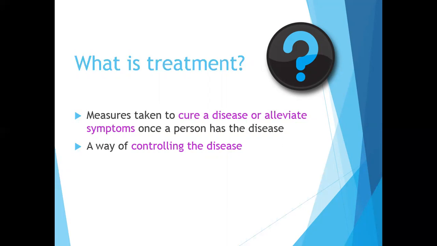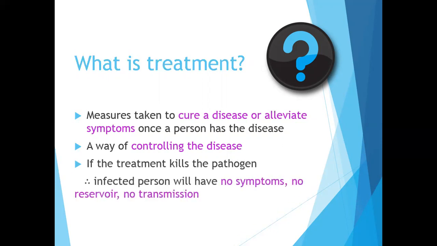to other people. So if the treatment kills the pathogen, sometimes it just alleviates the symptoms. If it kills the pathogen, then this infected person will have no more symptoms, because there's no more pathogen to cause the symptoms. He's no more a reservoir, meaning his body will no longer be carrying the pathogen.